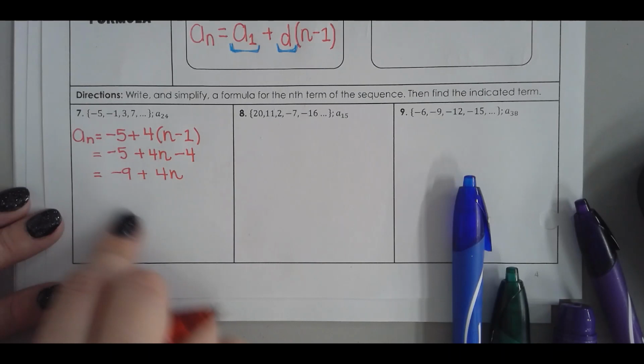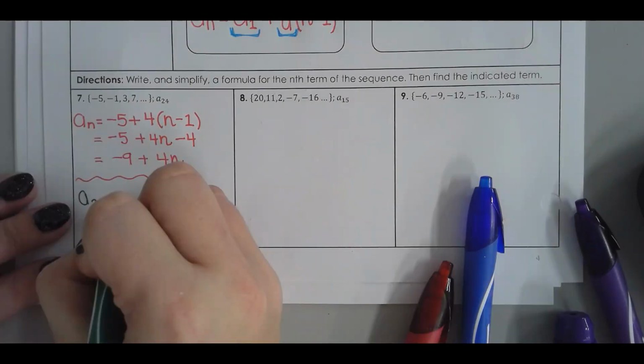I'm going to use that formula to find A24. A24 is negative 9 plus 4 times 24.